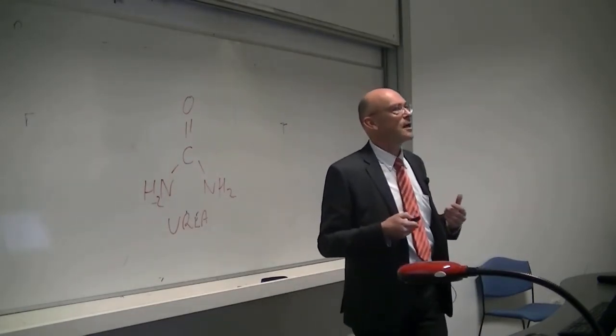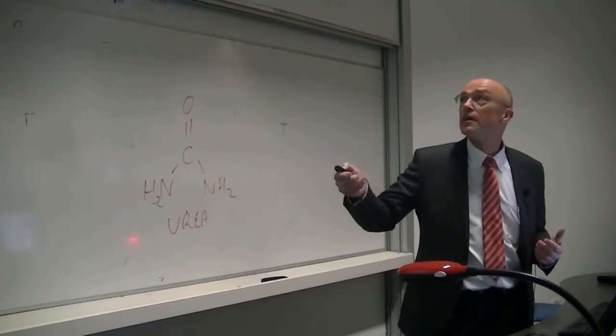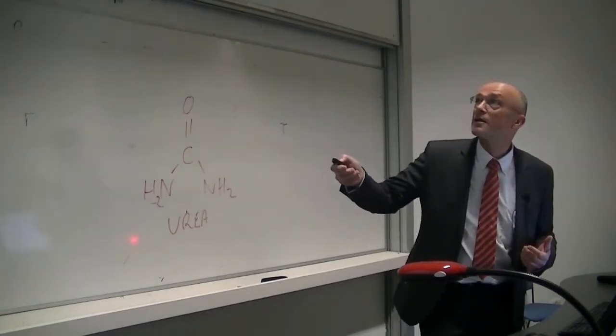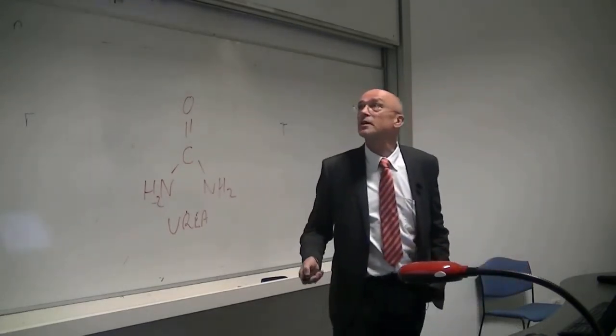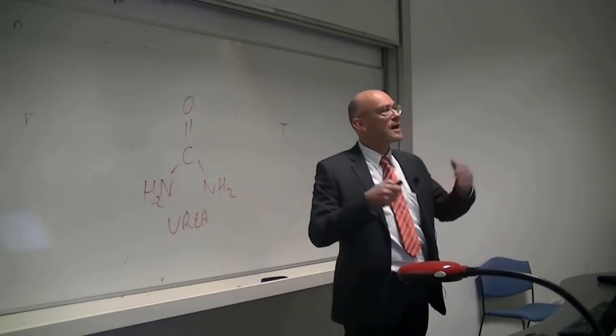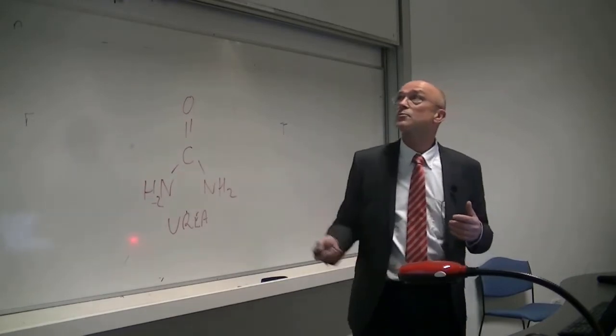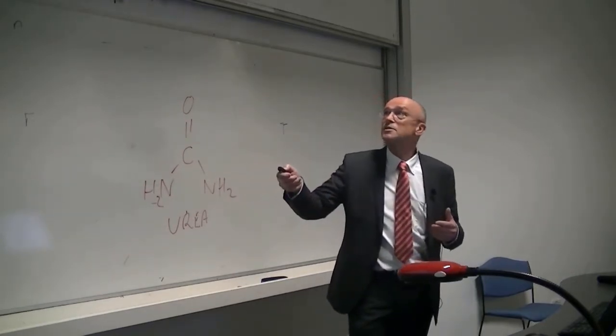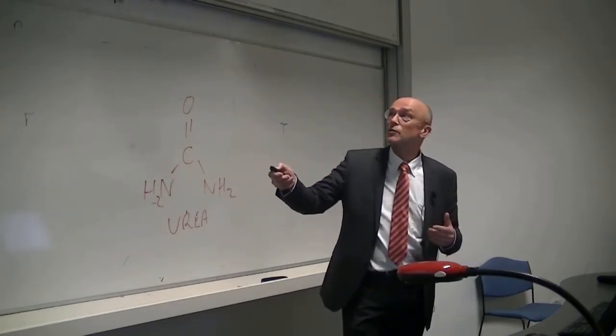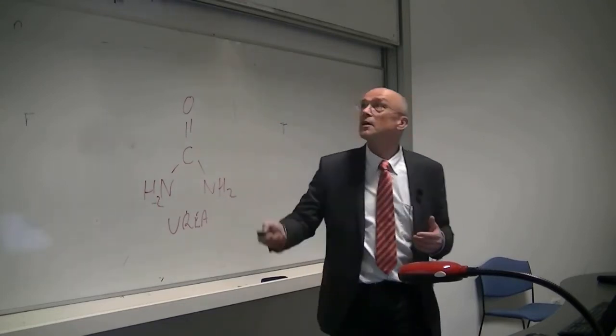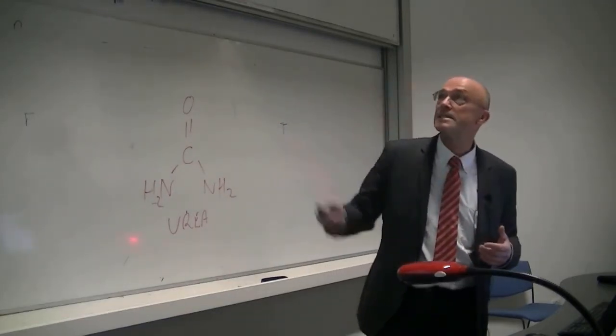But an alternative is for the pyruvate to undergo a transamination reaction in the reverse direction to that we saw on the early slides. Instead of forming glutamate, it reacts with glutamate, and in those conditions the glutamate loses the amino group to form alpha-ketoglutarate, but more importantly the pyruvate gains it to form alanine.